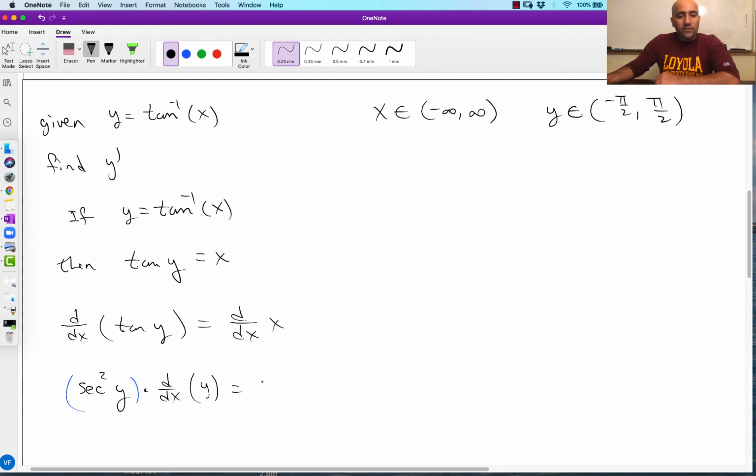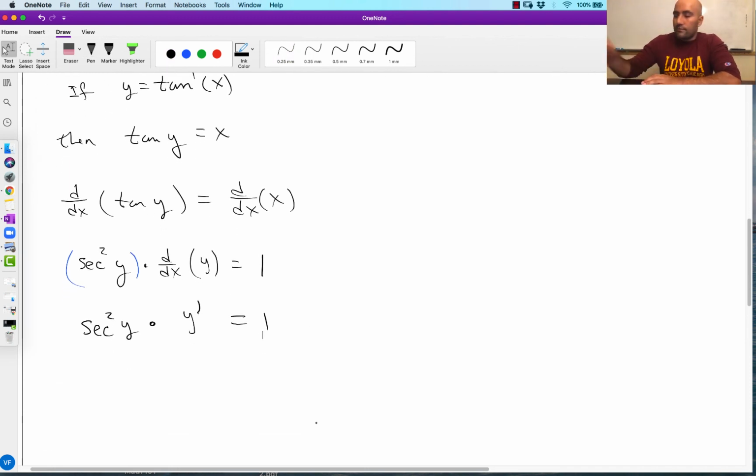On the other side, that's just going to be a 1. The derivative with respect to x of the function x is just 1. And this is what we're looking for, dy dx. So this I'm just going to rewrite as y prime. And this is secant squared y times y prime equals 1. So I'm going to divide both sides by secant squared y and get that y prime equals 1 over secant squared y.